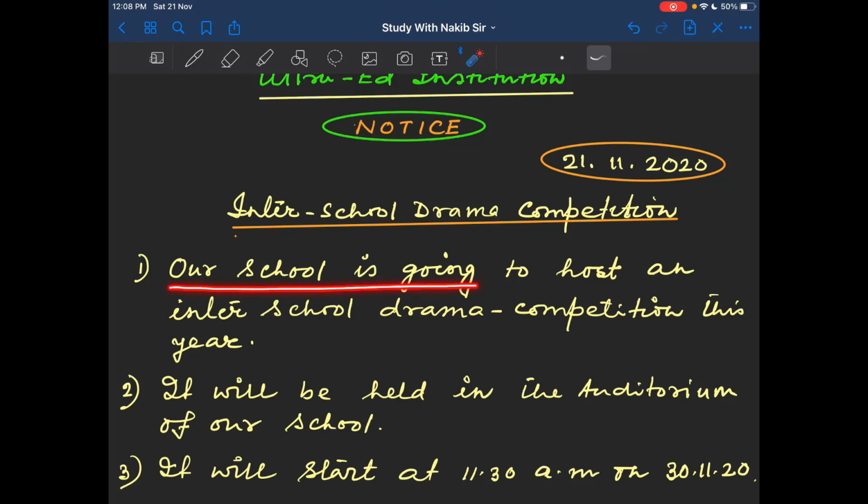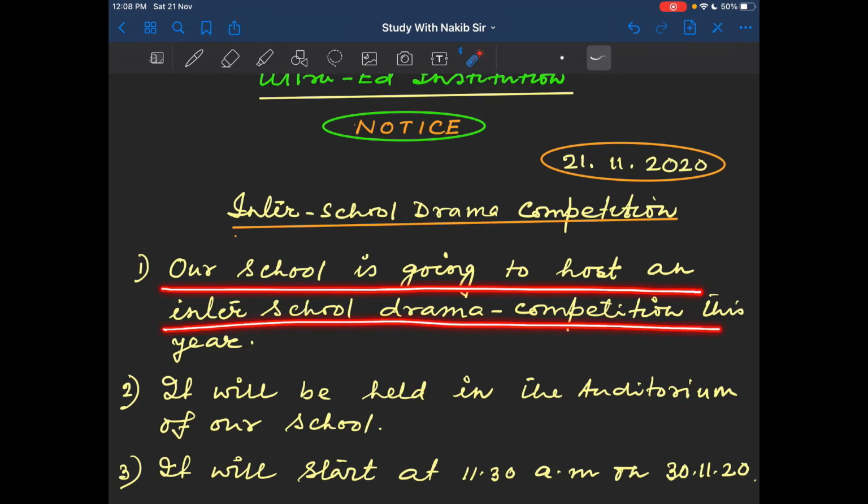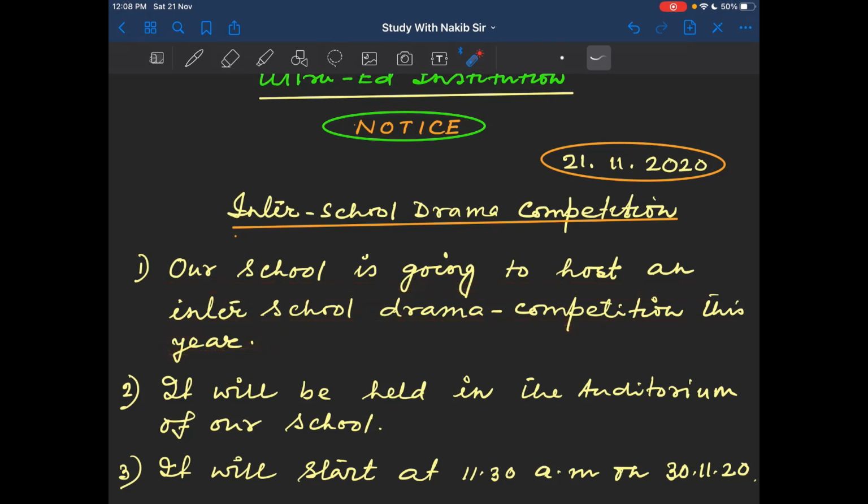Our school is going to host an inter-school drama competition this year. This is only your own addition. So from the instruction you have got, our school is going to host an inter-school drama competition this year. So this is what is written on the first point.